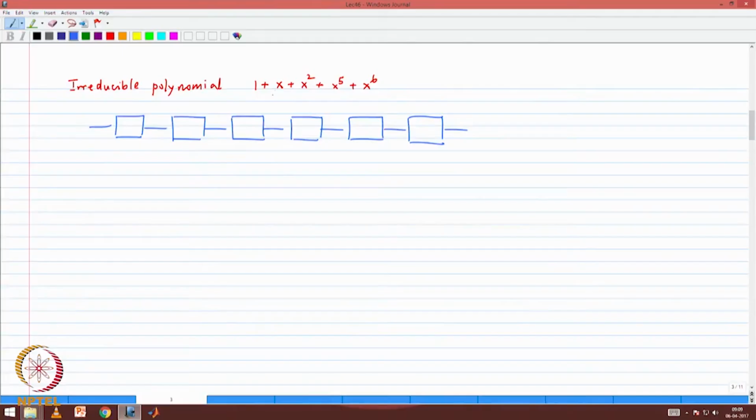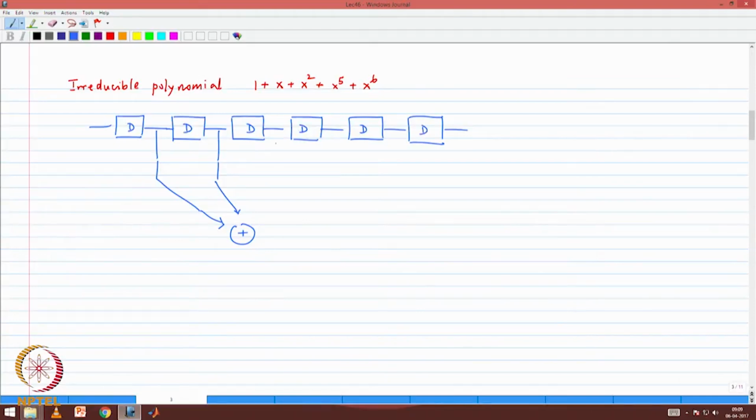So the output of the first delay is taken. These are all modulo 2 additions that you have to do. It's in the binary representation. Second delay is also taken. So this is delay, delay, delay, delay, delay.